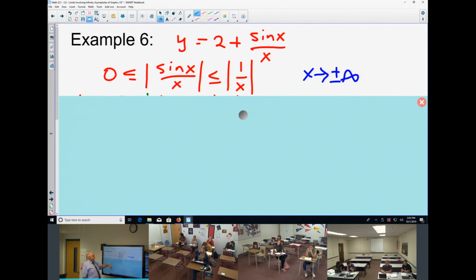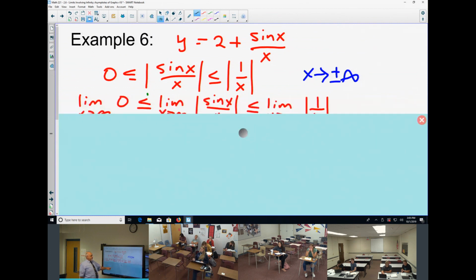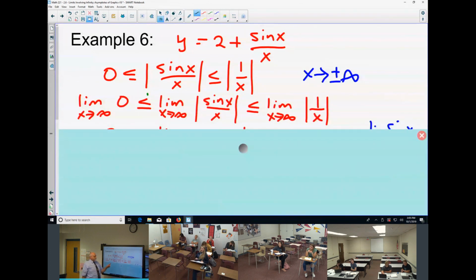Okay? So you can use these two as your boundary functions. So as x approaches infinity, 0 is just going to be 0. That's a constant. Okay, but the limit of 1 over x, well, as x approaches infinity, a constant over infinity is going to go to what?